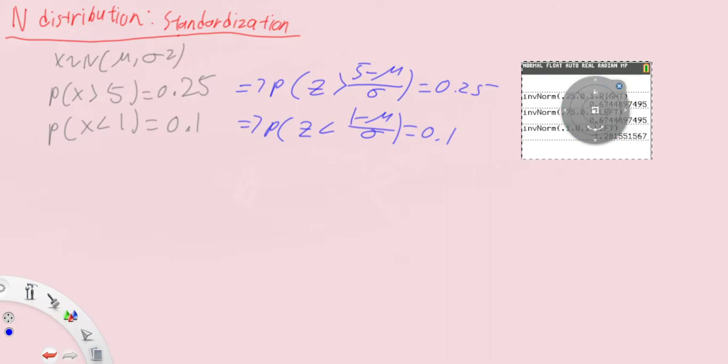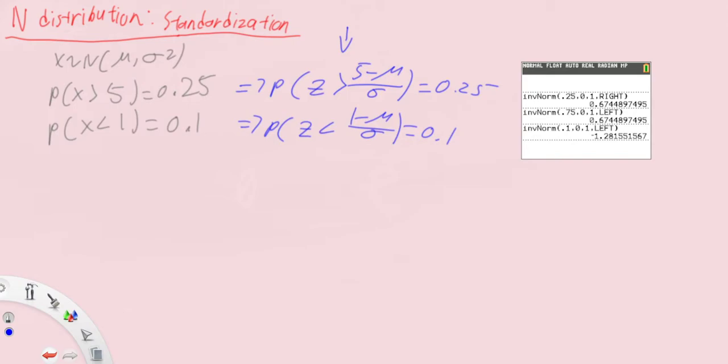When we do inverse norm, for the first one we do 0.25, basically because we are looking at the area on the right, since the probability is bigger than a particular value that is 0.25, as such it is the right area.